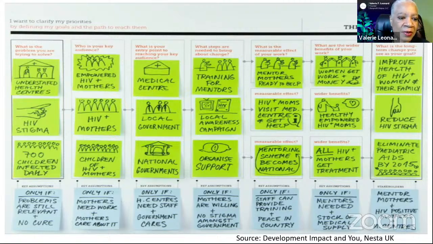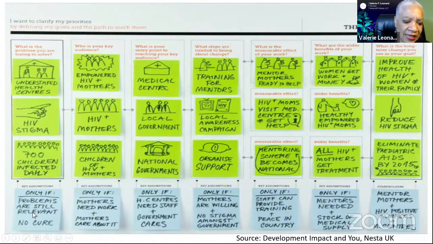So what is the problem you're trying to solve? They clearly went through a brainstorming process and used Post-it notes. One of the problems was understaffed health centers. The fact that if you have HIV, there's stigmatization. They also shared the fact that 700 children were infected daily.